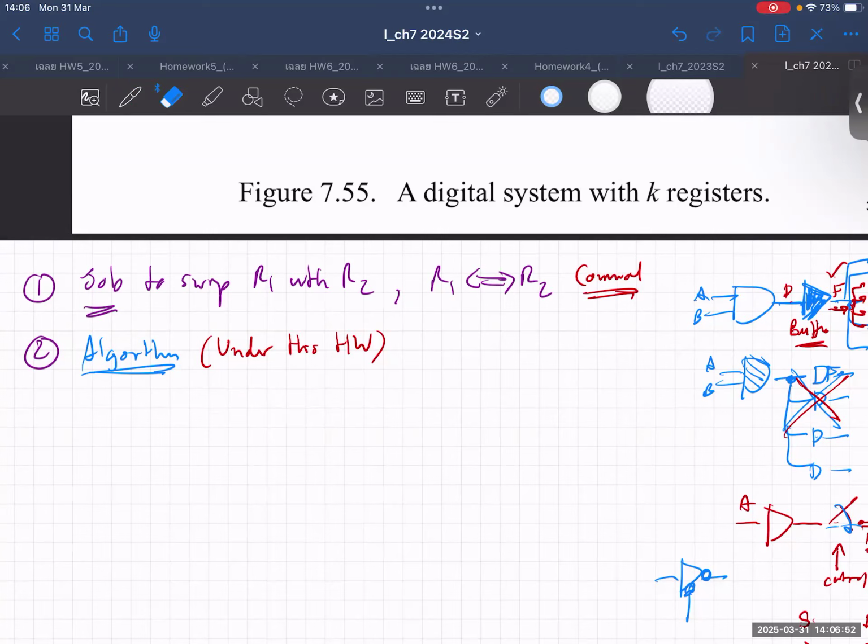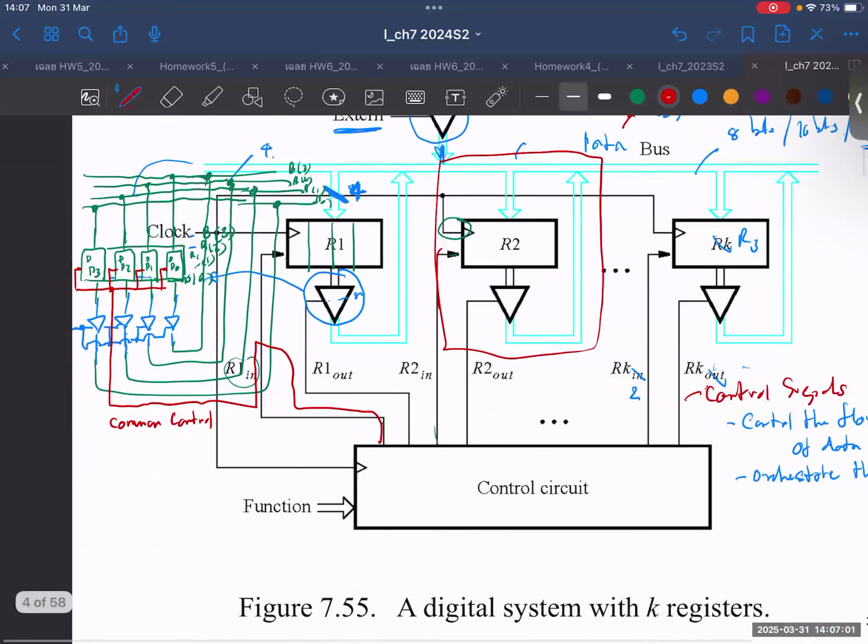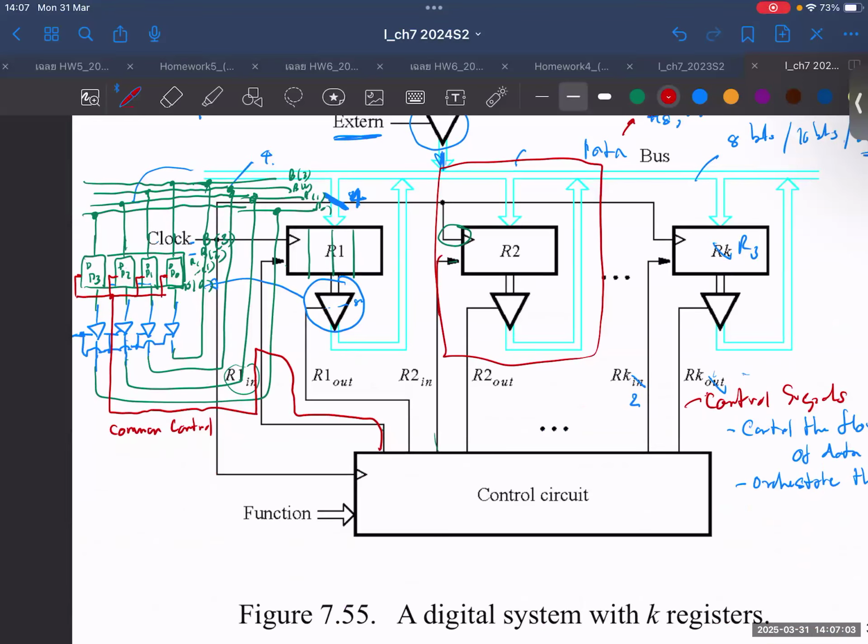Save it in an arbitrary bit first. Okay, so assume that you have just three registers. You have to move R2 to somewhere else, right?